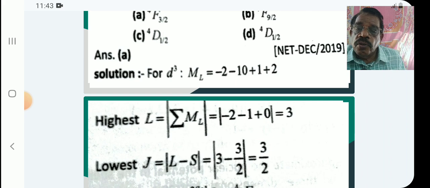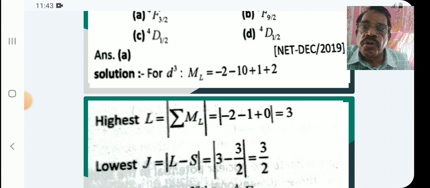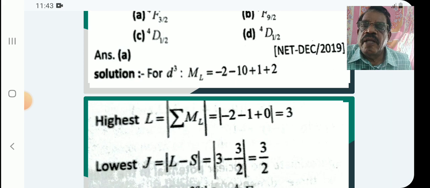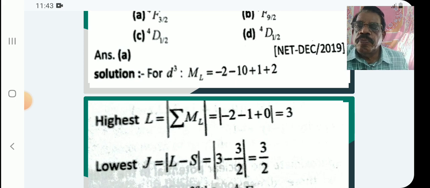So the total L value is 3. No need of adding them, you can write it as 3. For L, SPDF, in the notation it is D. So the l value is 2, and the maximum value comes as 3.